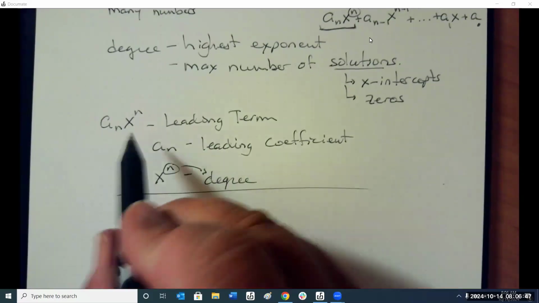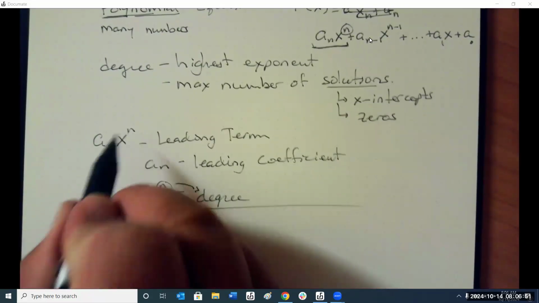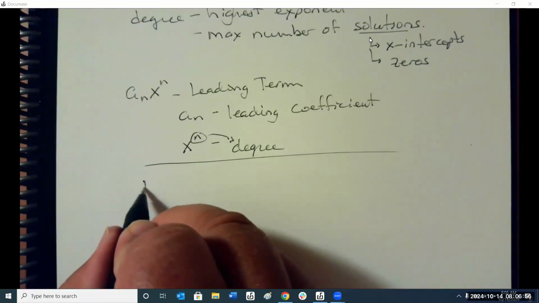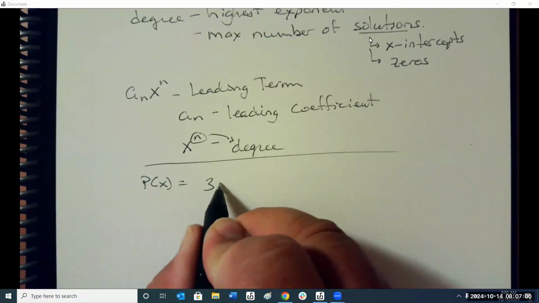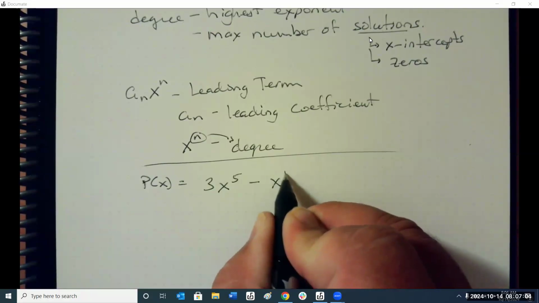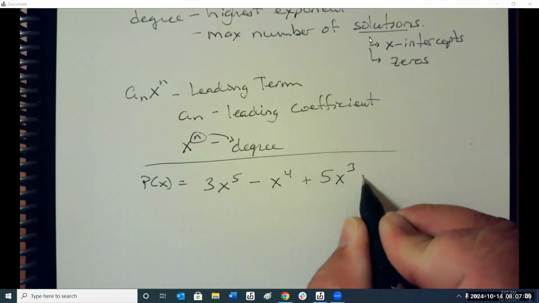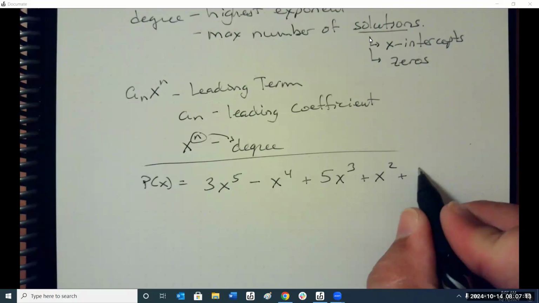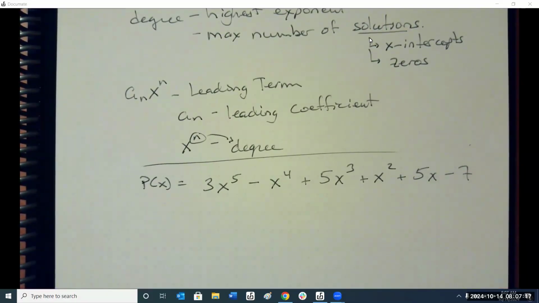For the first one, yes, correct. Let's say we had this polynomial.